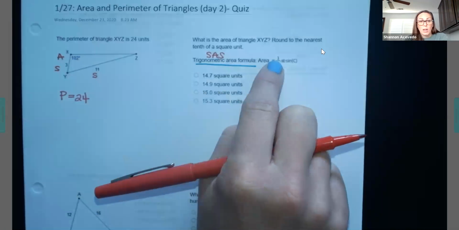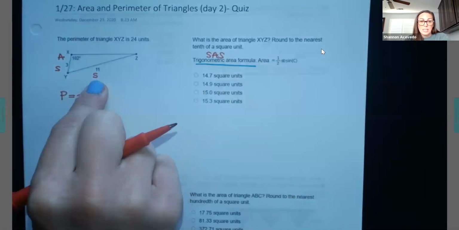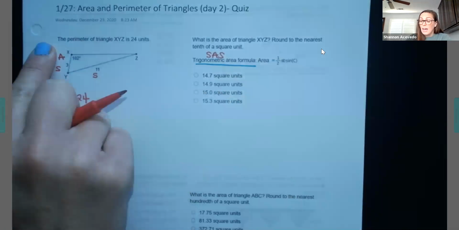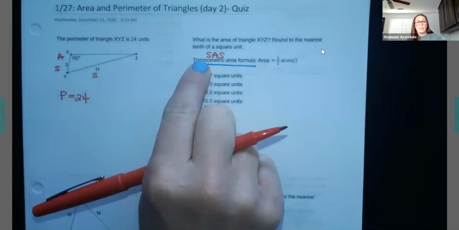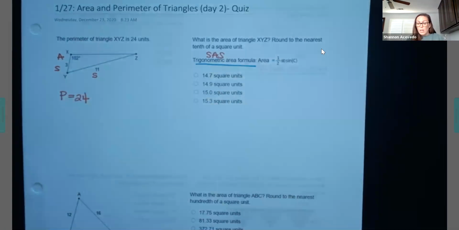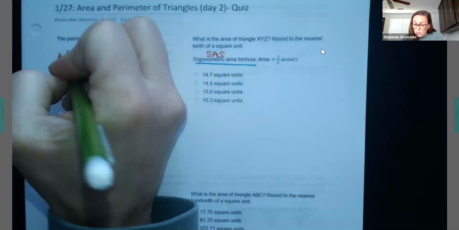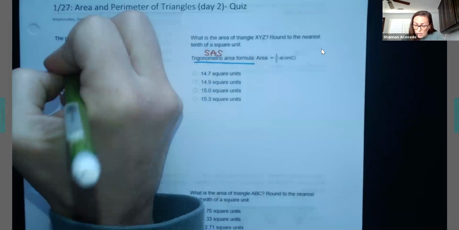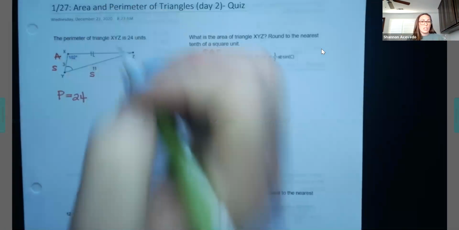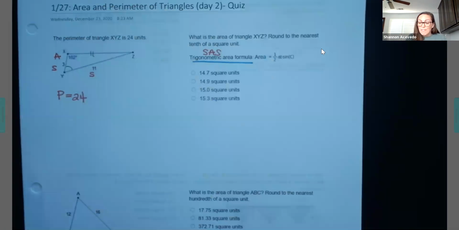That will not work because this is what we call an SSA triangle, and we need that included angle. So either I need to figure out what this angle is, or I need to figure out what this side is. One of the two. But I can easily figure out this side.